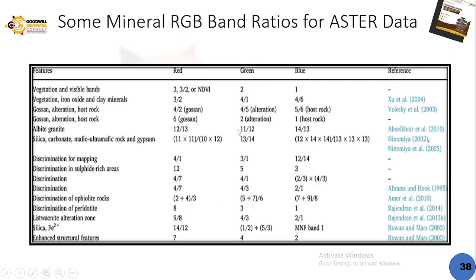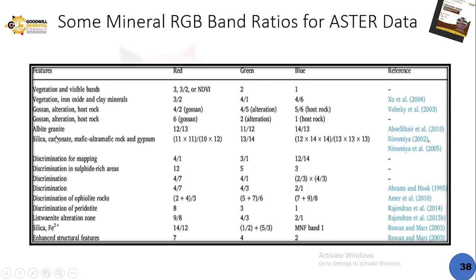So further, these are also for ASTER data. If you want to discriminate sulfide rich areas, this is the RGB. You combine band 12, band 5 and band 3.